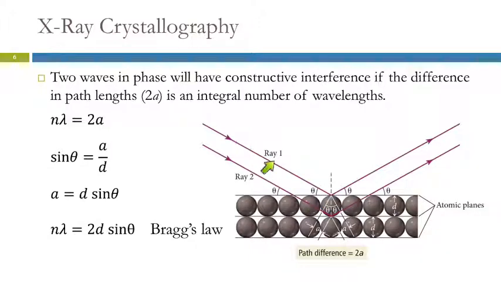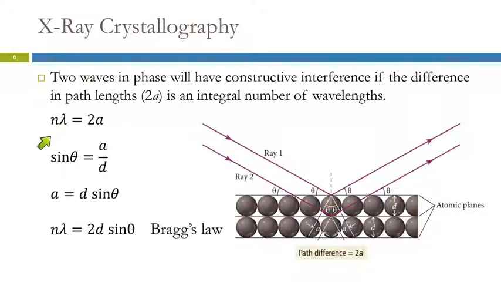As they come in here, the first ray hits the top of this atom and bounces off, it's reflected. The second ray penetrates through and hits the next layer and bounces off. You can figure out the difference in the distance that the wave traveled by looking at these angles. There's an angle theta.